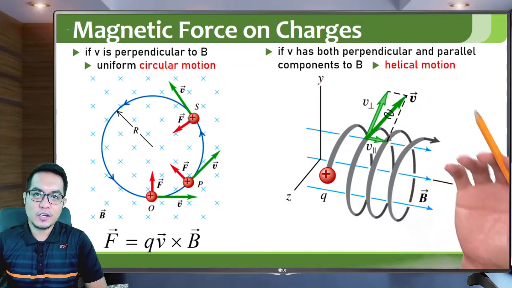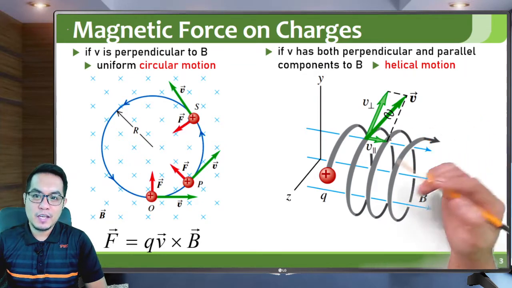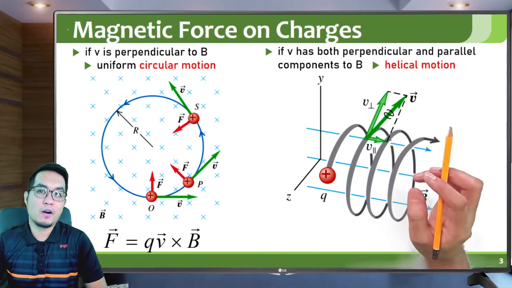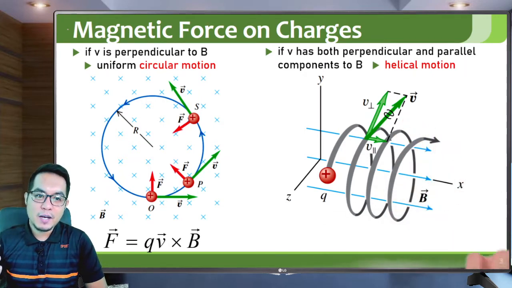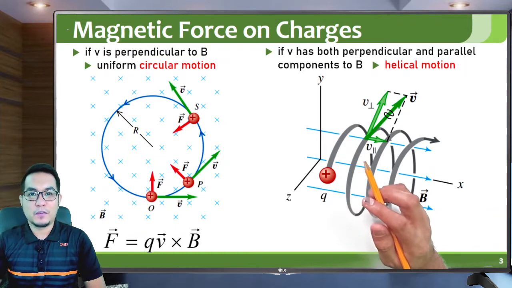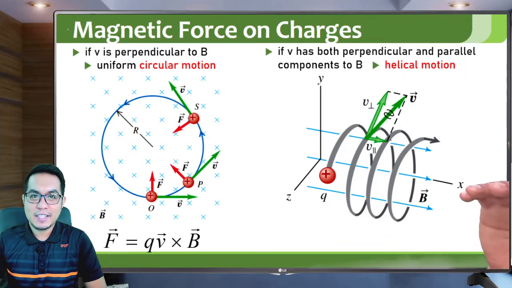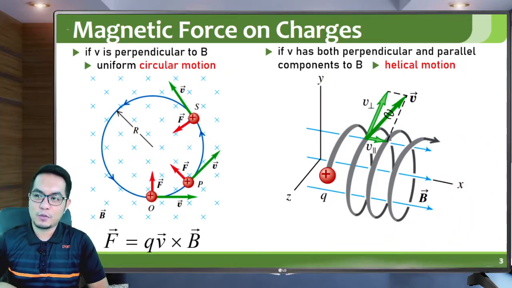When these charged particles interact with the atmosphere of the poles, they produce a very beautiful phenomenon called aurora: aurora borealis for northern lights, aurora australis for southern lights.